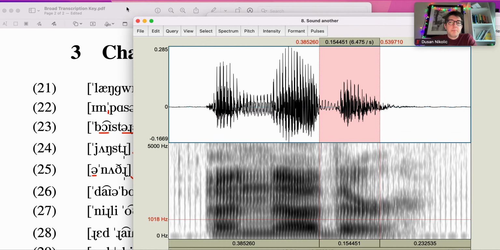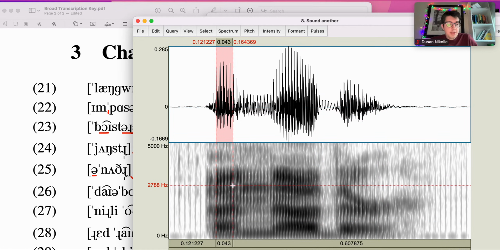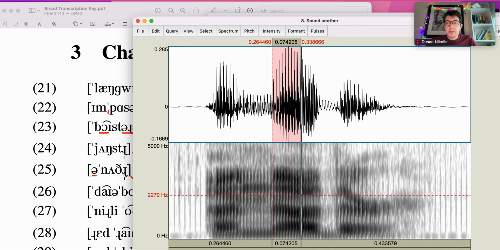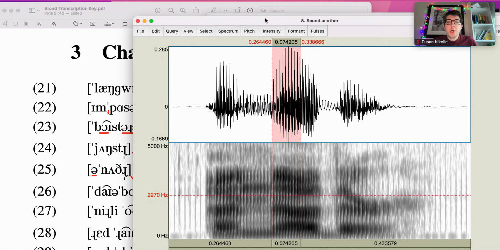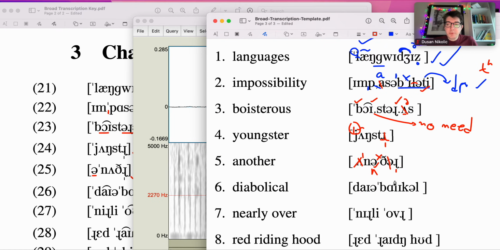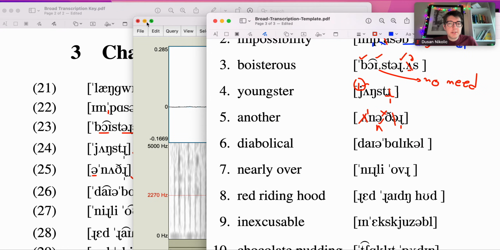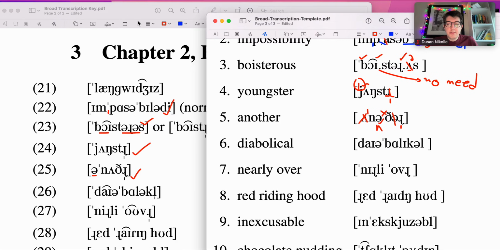So listen carefully to these and compare. If you think this is a schwa, then compare it to this one. If they're not the same, then maybe they're not really the same. Some of those two would not be a schwa. All right, I don't have anything else to say here.